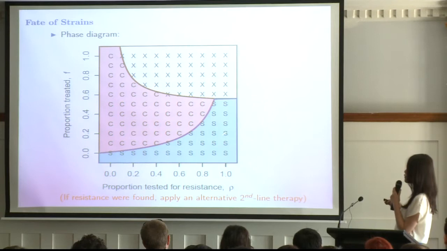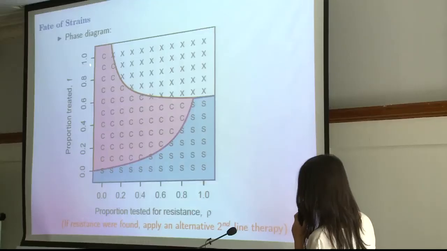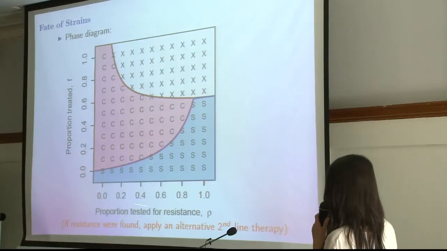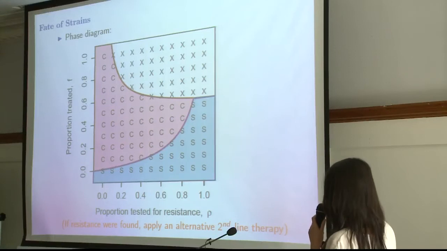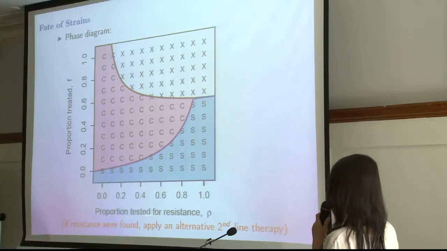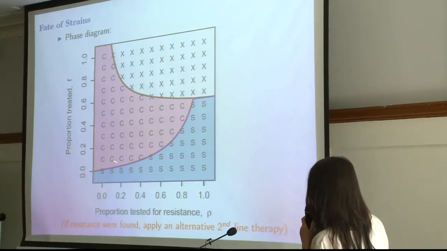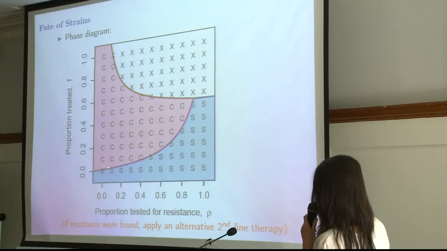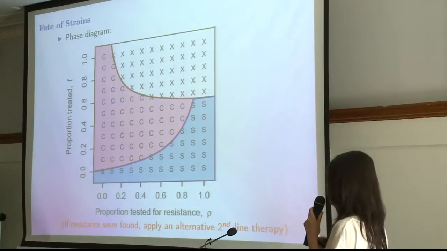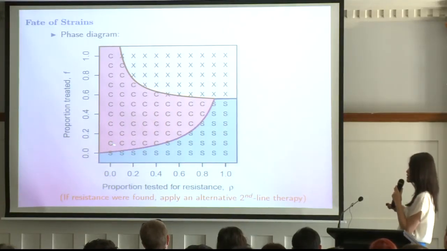We have 3 types of outcomes according to different treatment proportion F on the vertical axis and testing proportion rho on the horizontal axis. For example, if we are at somewhere here where F is small and rho equals 0, that means a very low proportion of the infected individuals would be treated and none of them would be tested for resistance.